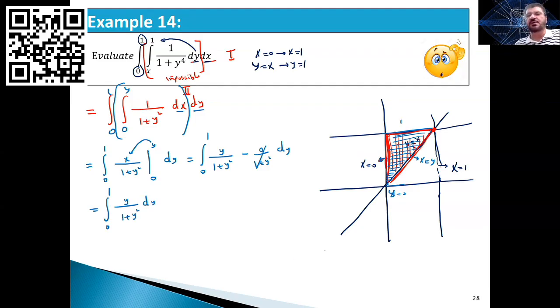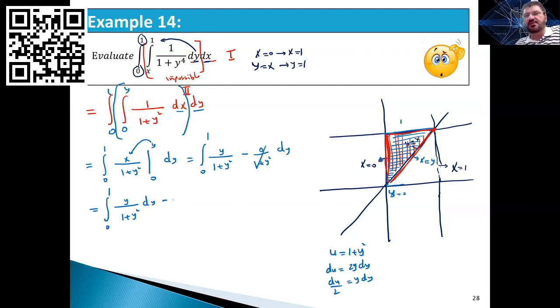Now, how do you integrate this one? I'm going to let u equal 1 plus y squared. So what's du? It's 2y dy. Look at the question, I have y dy. So I'm going to divide by 2, so du over 2 is y dy.